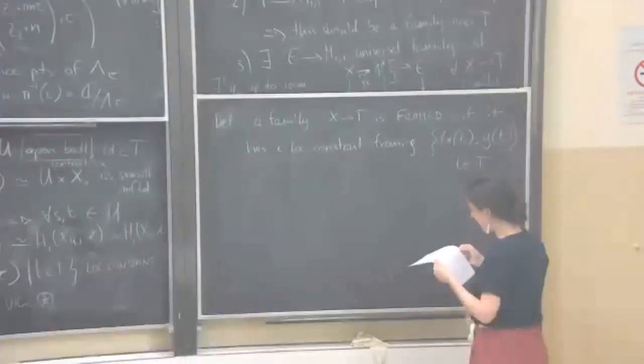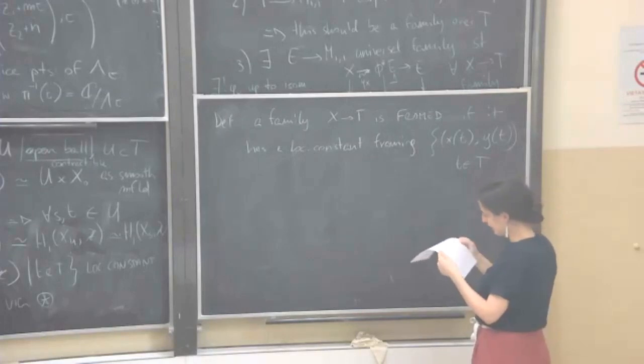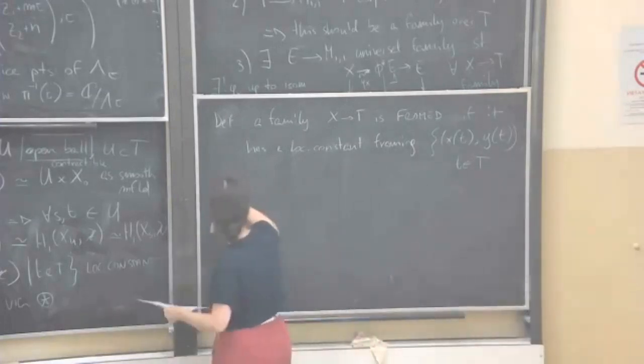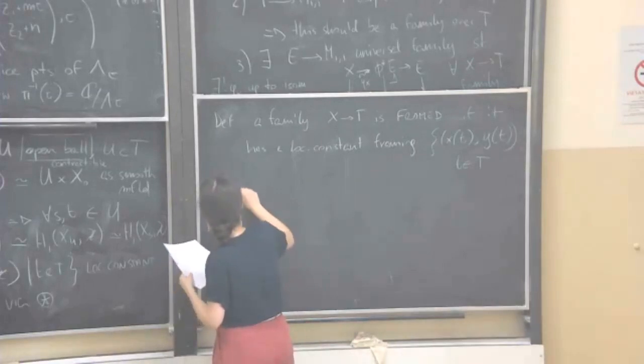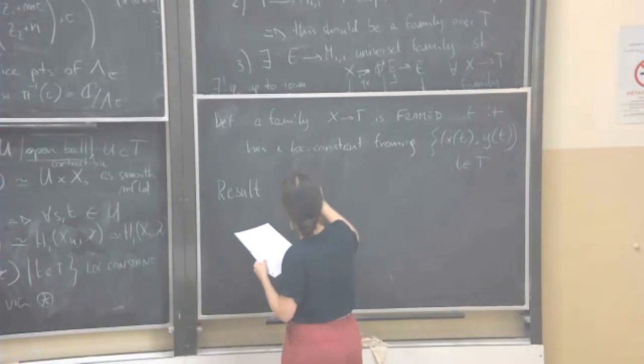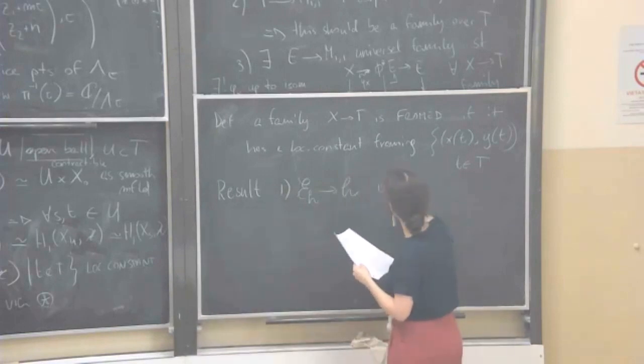And the result you get is that with this construction, the family over H is actually locally constant, is framed.